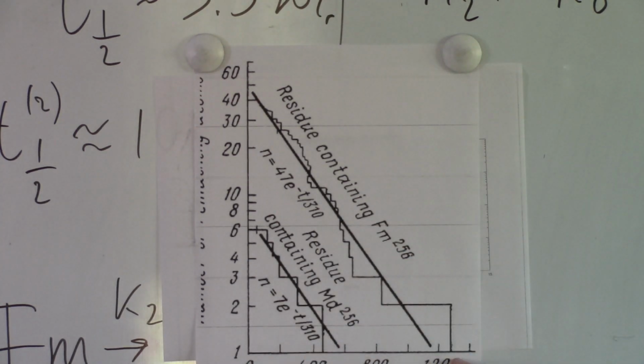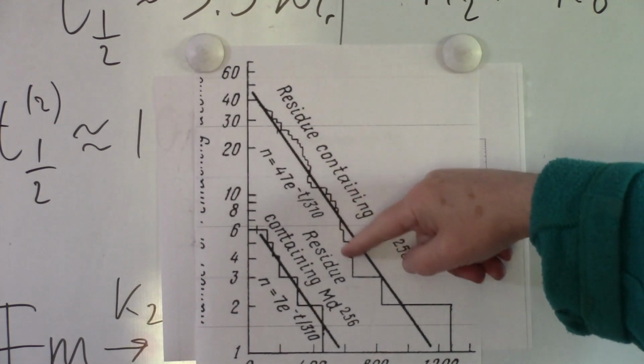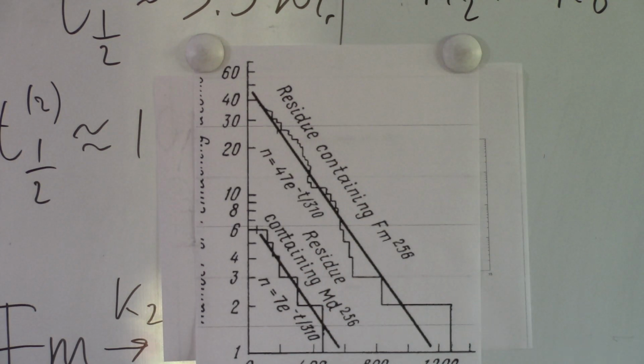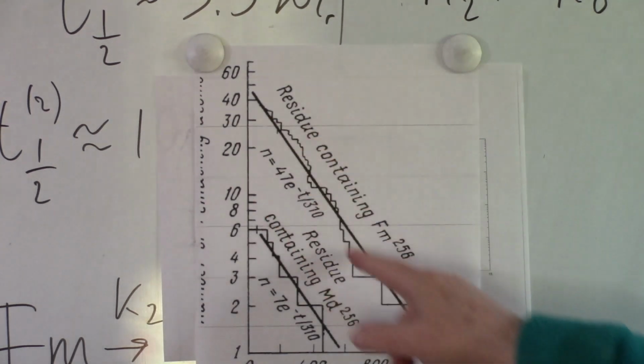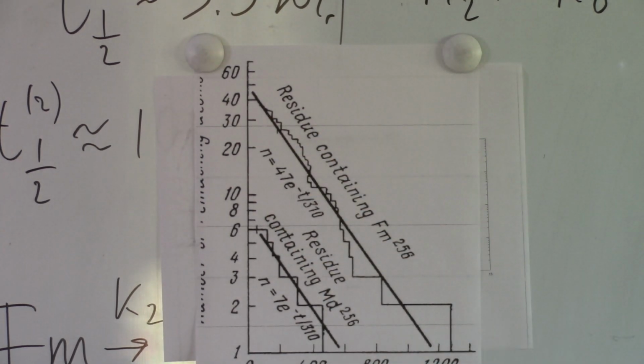Now this experiment went for 1,200 minutes, which is 20 hours, simply because the half-life of fermium is 3.5 hours. So during these 20 hours all the atoms of fermium exploded. So it was enough time for them.